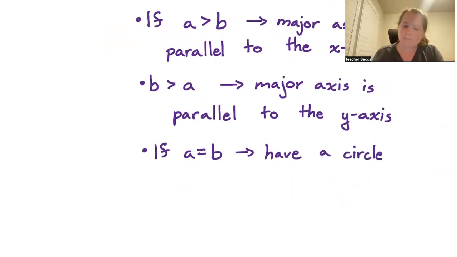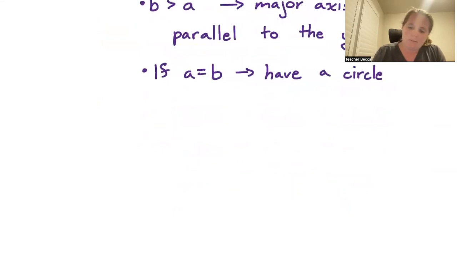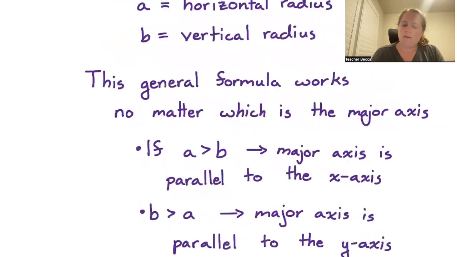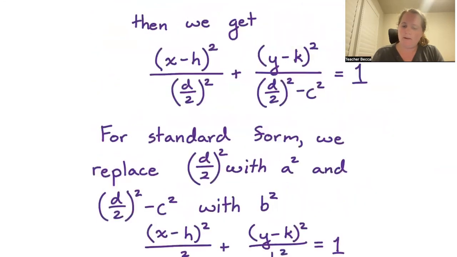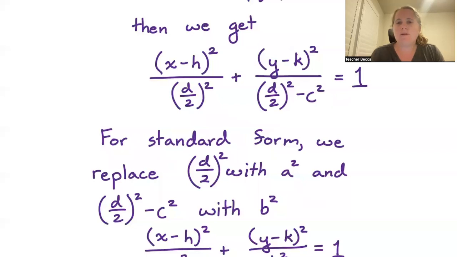Furthermore, since our b squared was d over 2 squared minus c squared, we wind up getting that c squared is just the absolute value of the difference of the squareds.